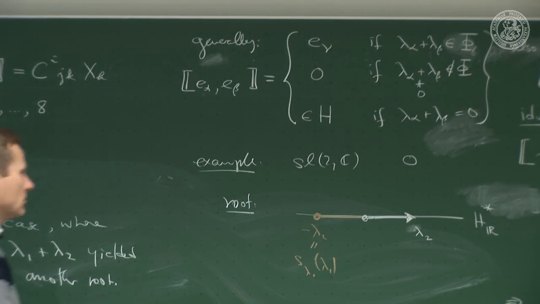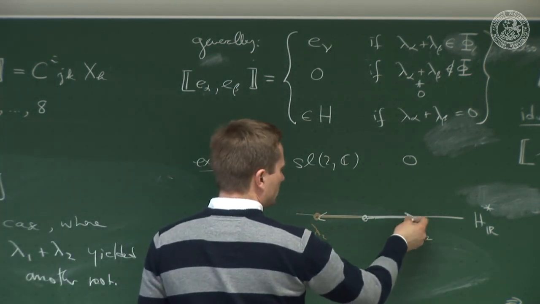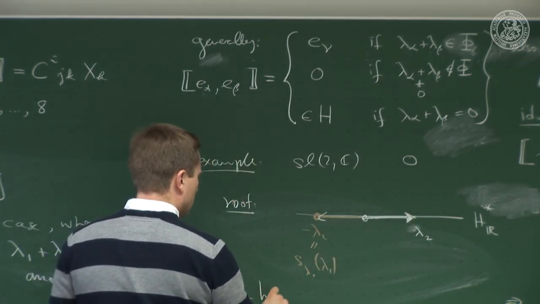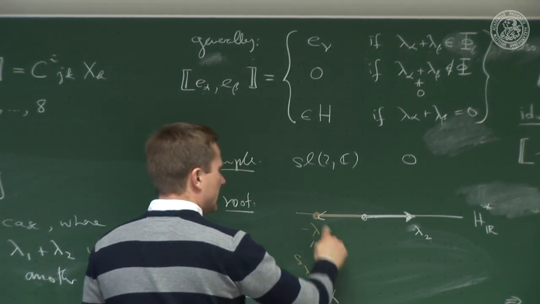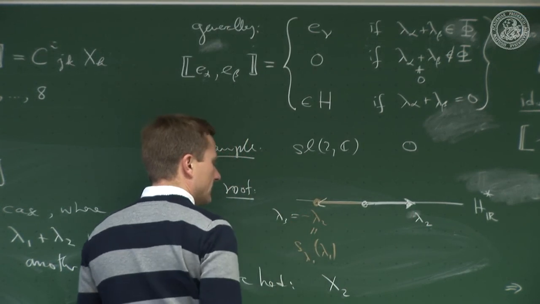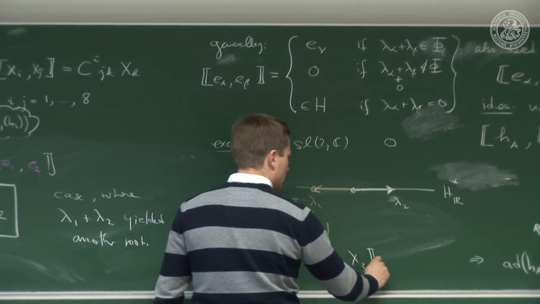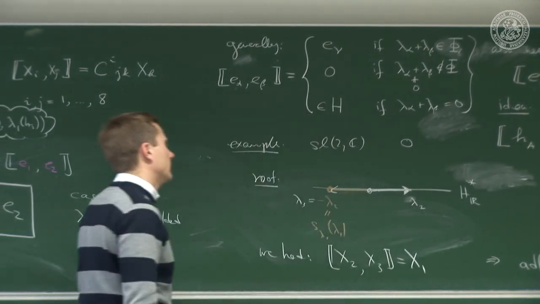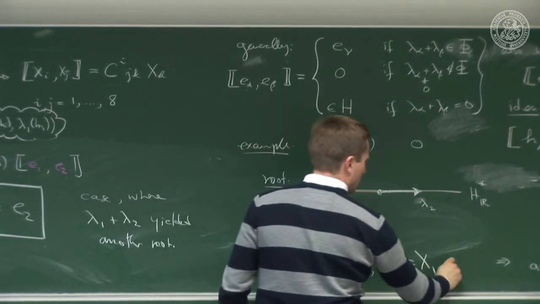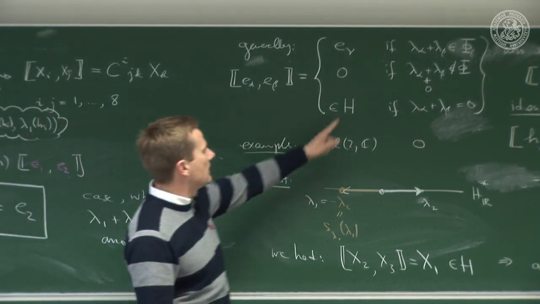Okay, so we saw all of this. And we saw that this one plus this one is 0, and indeed the eigenvector corresponding to this one, which we then called lambda 3, with the eigenvector of that one, yielded x1, and that was in the Cartan subalgebra. And that's an example for this third case up here.